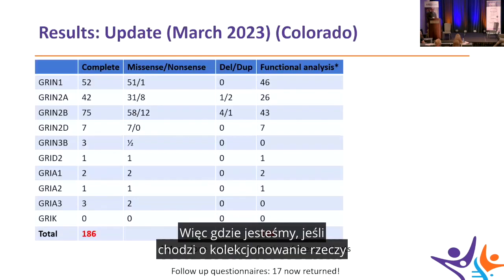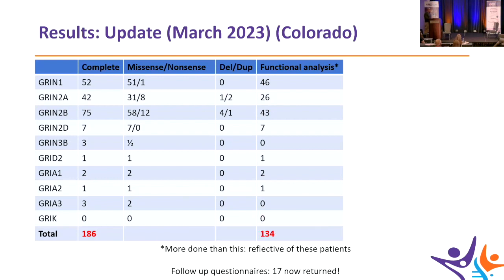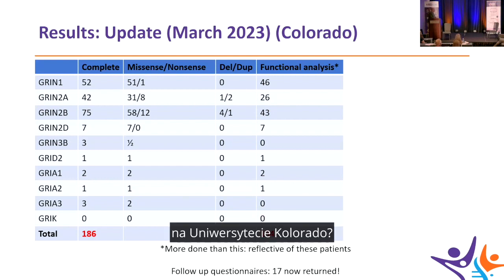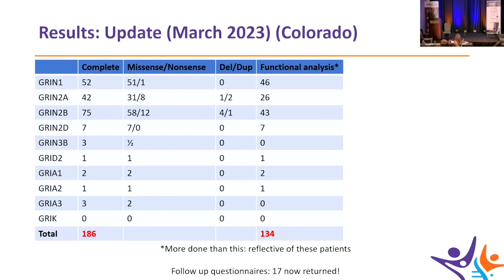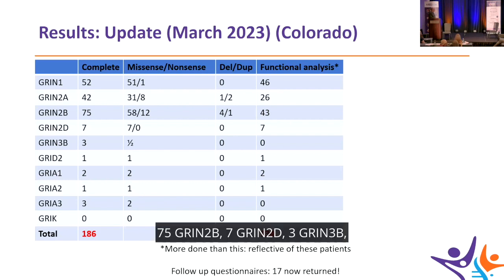So where are we in terms of collecting things at the University of Colorado? We've got 52 GRIN1s, 42 GRIN2As, 75 GRIN2Bs, 7 GRIN2Ds, 3 GRIN3Bs, 1 GRID, 2 GRIAs, 1 GRIA2, 3 GRIA3s, and no GRICs yet.